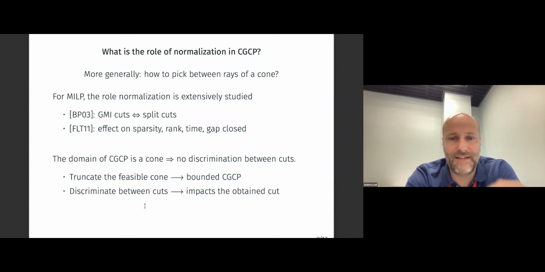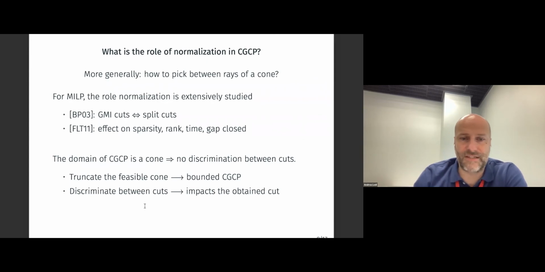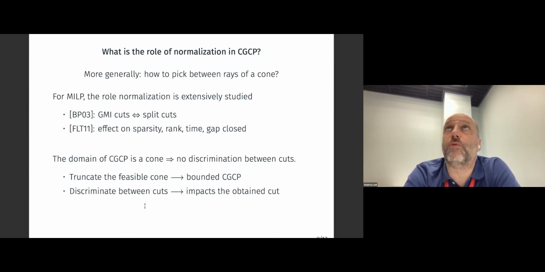The domain of the cut-generating conic problem is a cone, so there is no discrimination between the cuts. Truncating the feasible cone makes it bounded and discriminates between the cuts, which of course has an impact on the obtained cutting plane, so that eventually we get stronger inequalities and, on the other hand, also keep some numerical quality in the overall scheme.